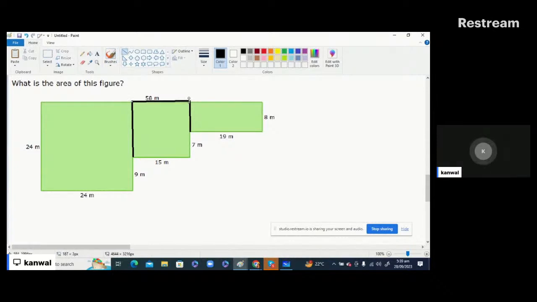Look at here, this is the shape of the square. And what's the third? Third one is also a square.